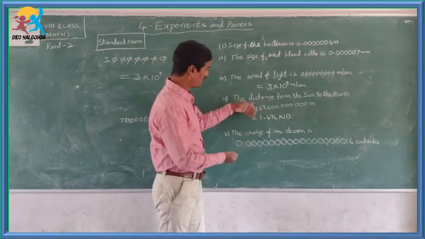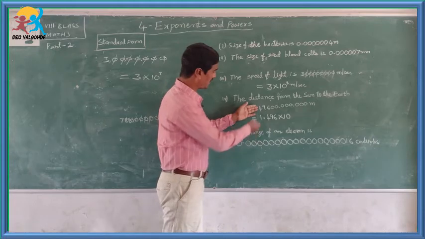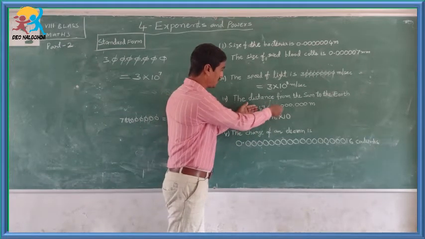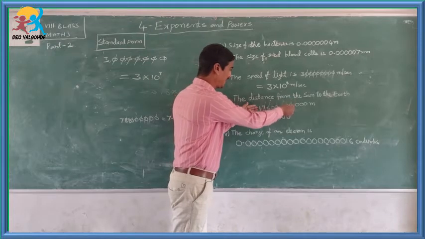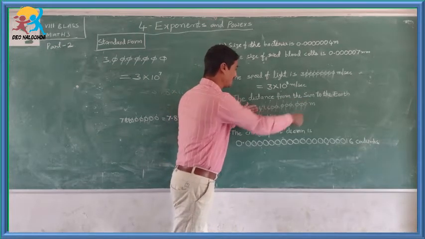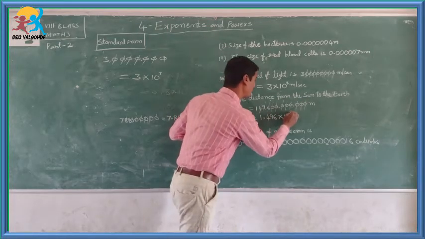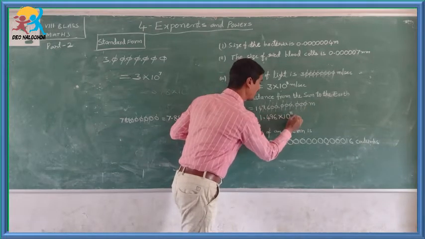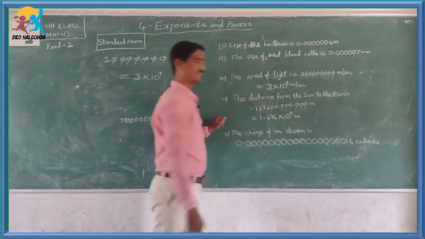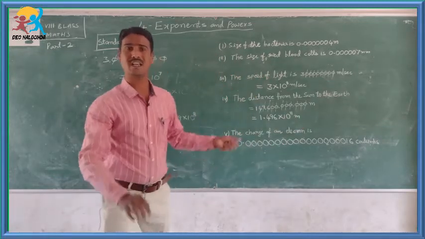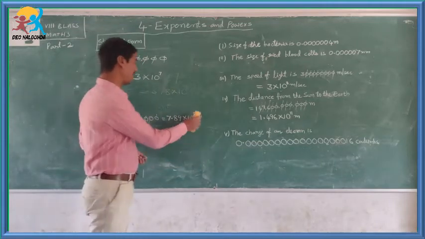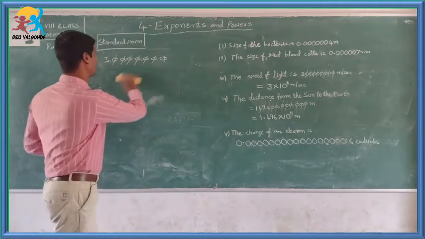So close 1 and remaining 1, 2, 3, 4, 5, 6, 7, 8, 9, 10, 11. So 10 to the power of 11. Whatever units are given, you write the units as they are, meters. Very easy now. These are the large numbers representing scientific notation or standard form.